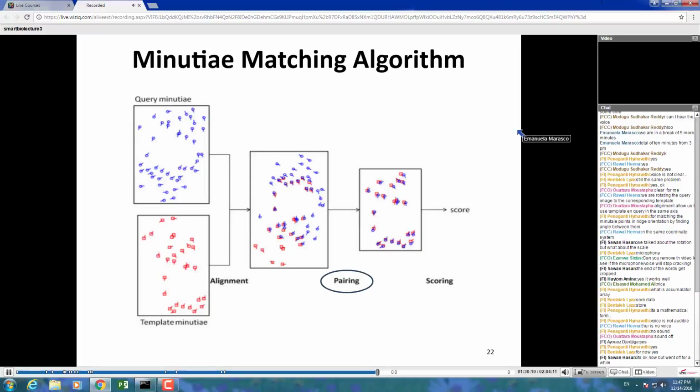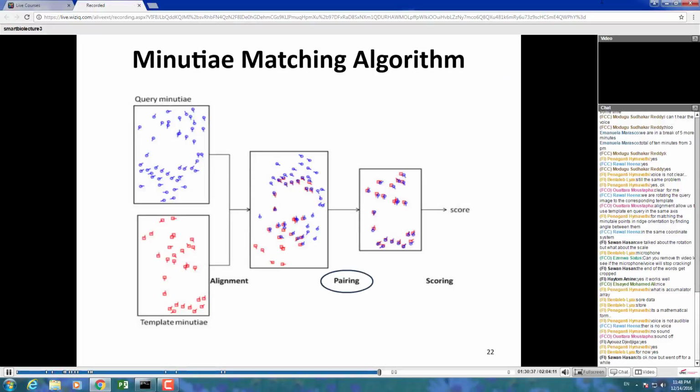So once we have aligned the two minutia sets, we can pair the corresponding minutiae. How to pair? This is the question now. We have a minutia A in the template and a minutia B in the query. They pair according to two specific rules.